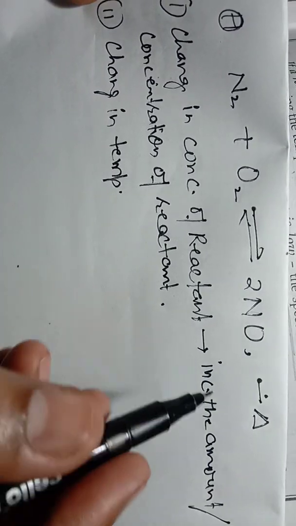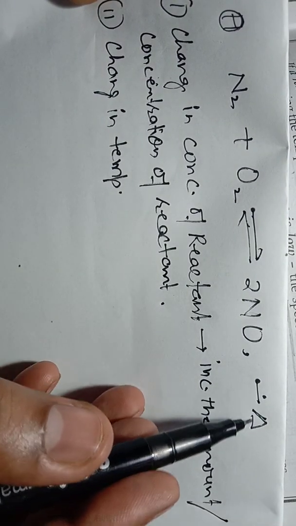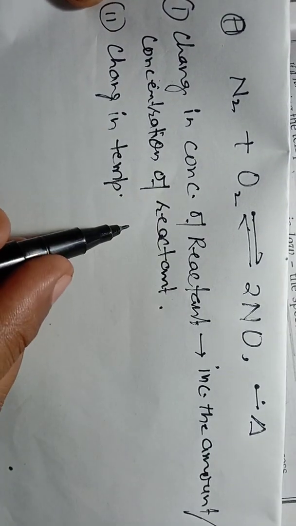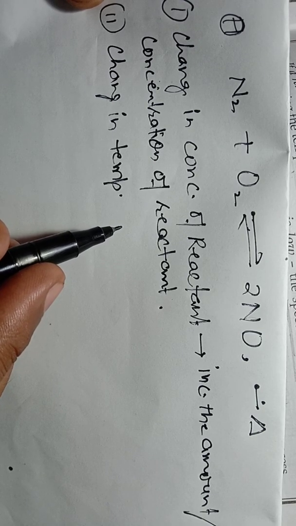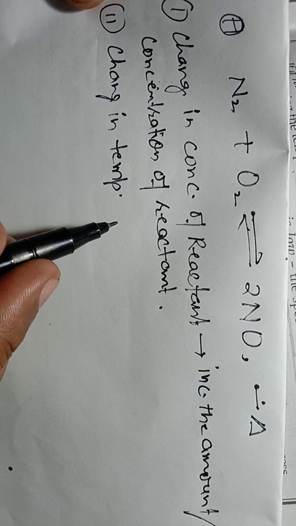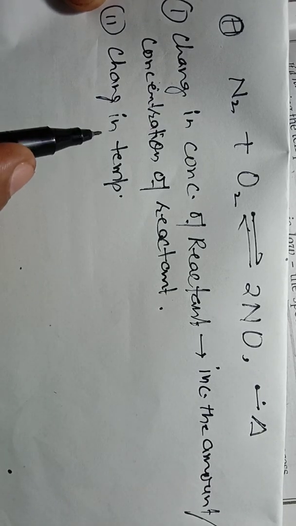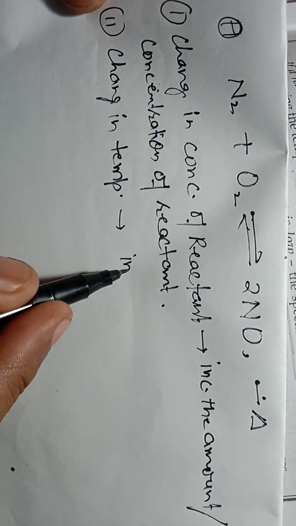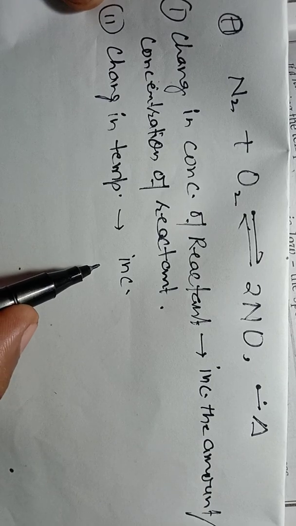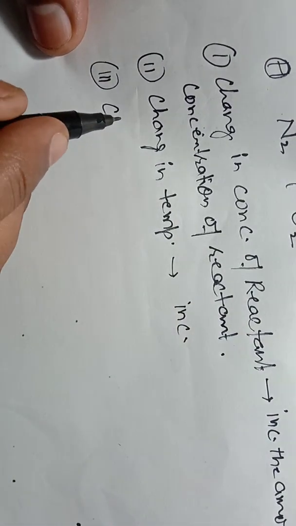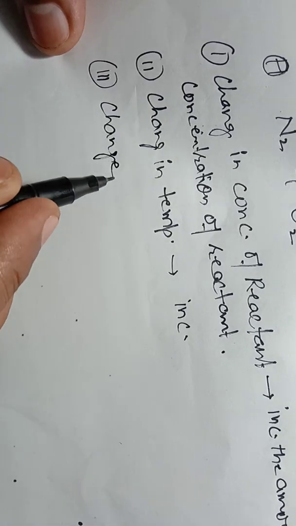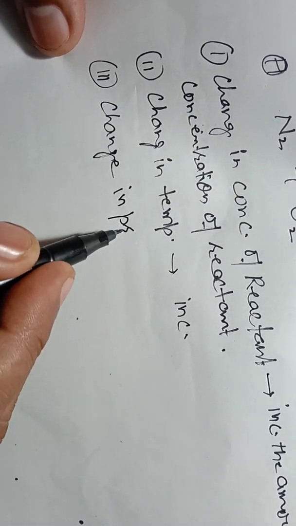The given reaction is endothermic in nature. So what will be the favorable condition for temperature? We should increase the temperature. Okay. So change in temperature, increase in temperature. And the third point, change in pressure.